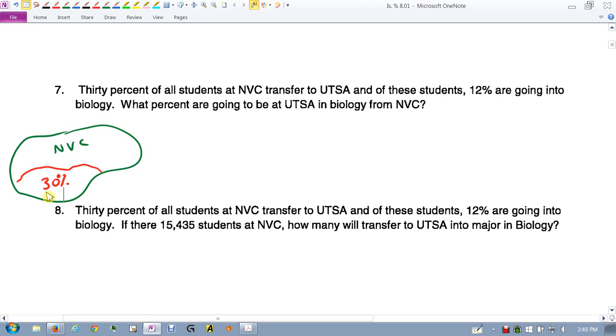All right. 12% of that 30% are going to biology. Okay, that's what this means. It should say 12% of those students transferring are going into biology. That way we're clear on it, because you could mean 12% of the students at MVC are going to biology. No, 12% of the 30%.